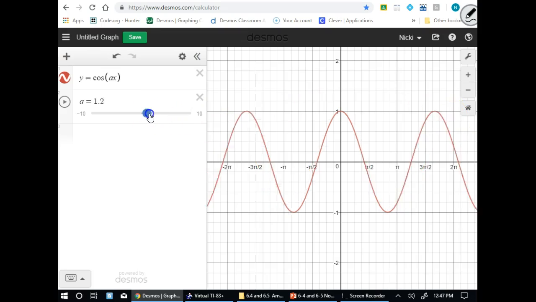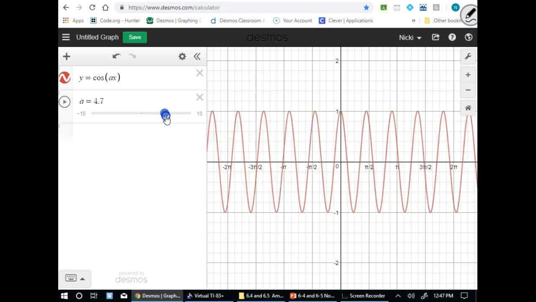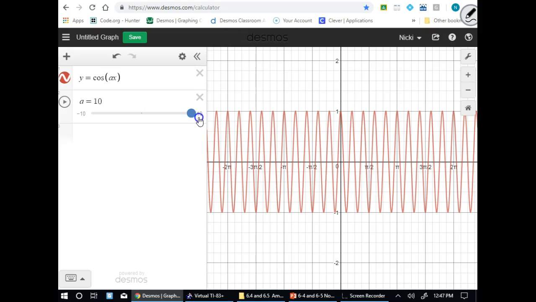But if I make that number bigger, it squishes the graph in, right? Which means now, what's the period of this graph? How long does it take before the graph starts to repeat itself over again? It's just pi now, right? And so if I make that number bigger and bigger and bigger, the period gets smaller and smaller because it's repeating more quickly.